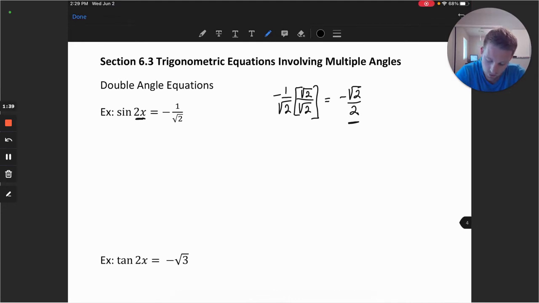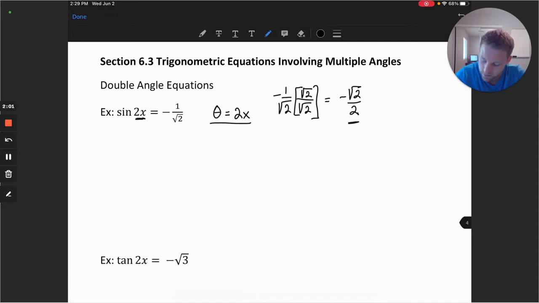So here I'm going to call theta, this dummy variable, equal to 2x. And so this is going to be my new equation if I rewrite this. I'll have to remember to go back to this by the end, but it'll make it a little bit easier for us to work with in the meantime.